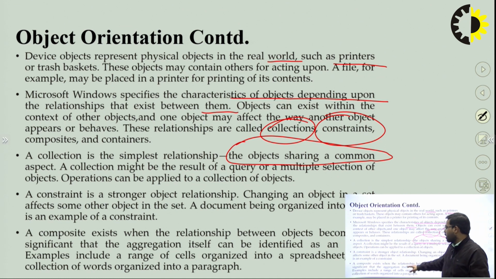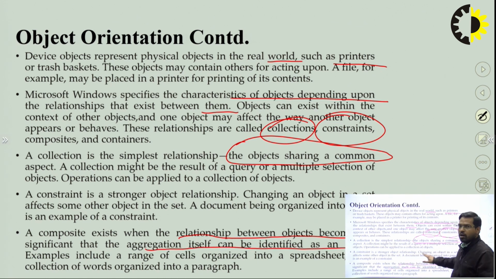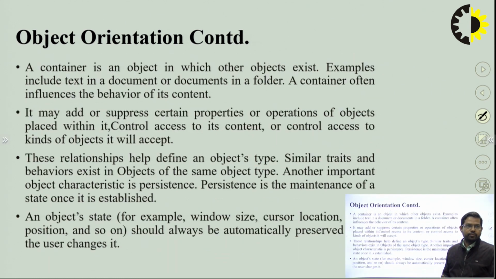Third one is composite. A composite exists when the relationship between objects becomes so significant that the aggregation itself can be identified as an object. Examples include a range of cells organized into a spreadsheet, or a collection of words organized into a paragraph. That is called a composite. A container is an object within which other objects exist. Examples include text in a document or a document in a folder.